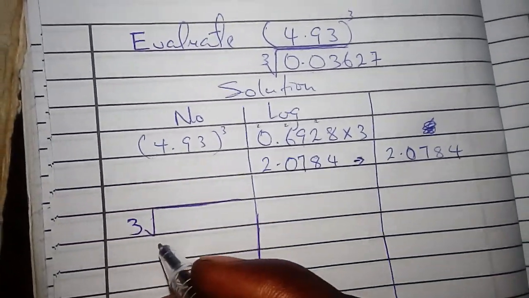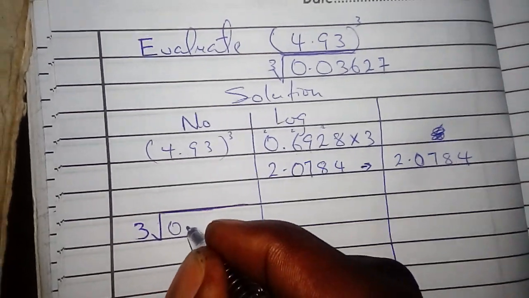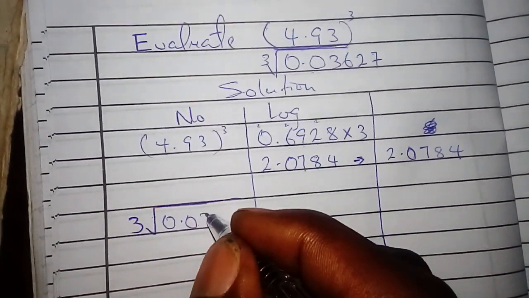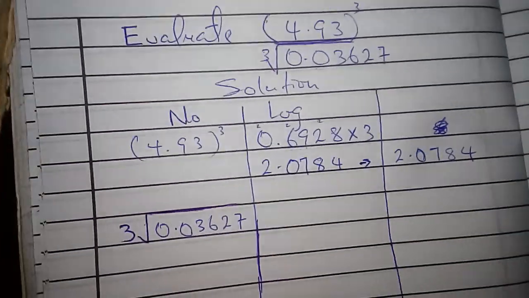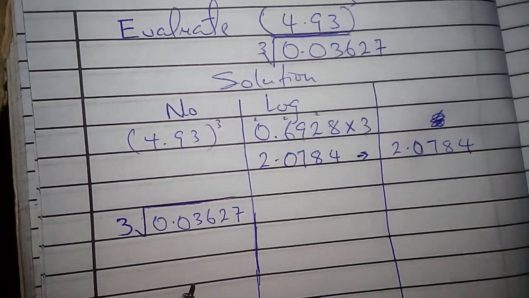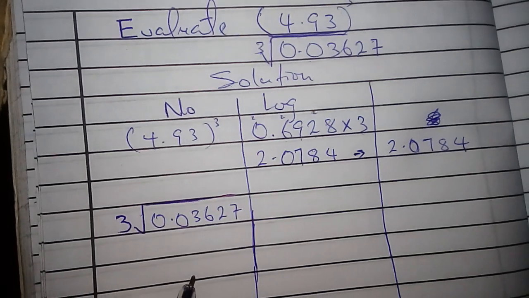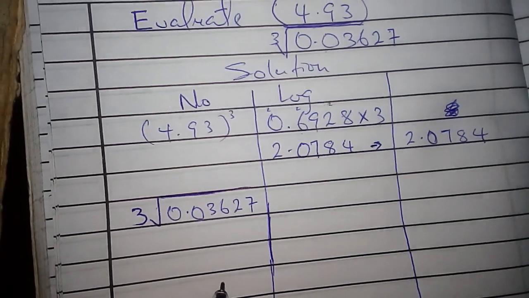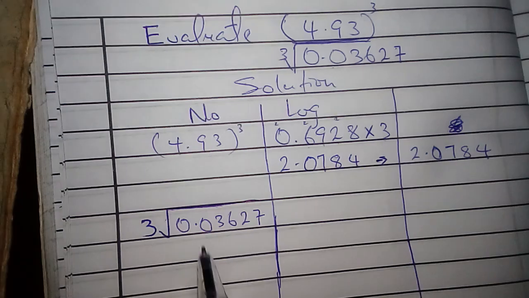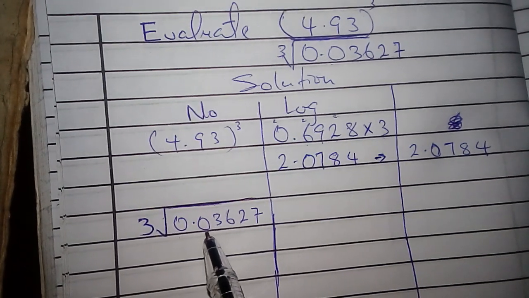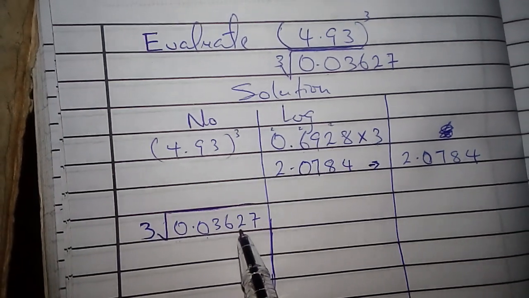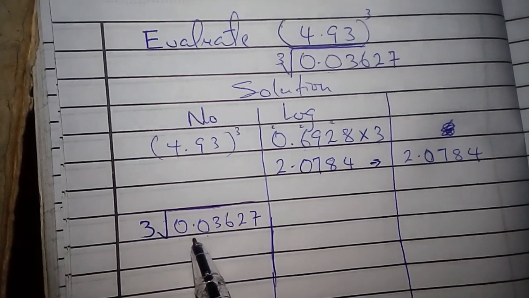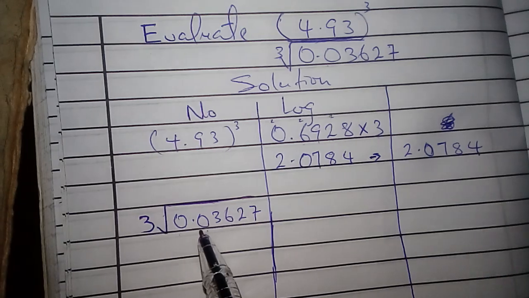So here we have the cube root of 0.03627, and this one is very simple. First of all, let's look for the mantissa of this 0.03627. As you can see, this one starts from 0.